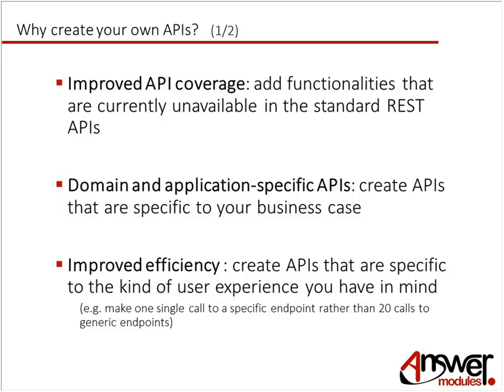So sometimes it could be easier to create a more specific endpoint that wraps all the calls, and you can simplify the design of the GUI or the client that you have in mind.